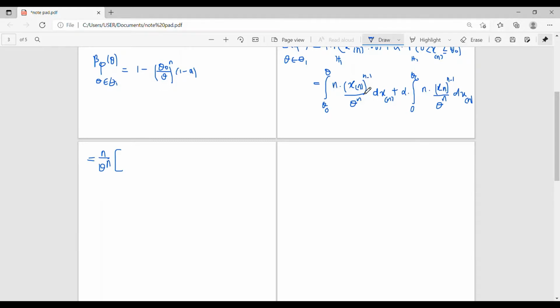The integral is Xn power n minus 1 plus 1 divided by n minus 1 plus 1, that is Xn power n divided by n, ranging from theta naught to theta, plus alpha into n by theta power n into Xn power n divided by n ranging from 0 to theta naught.